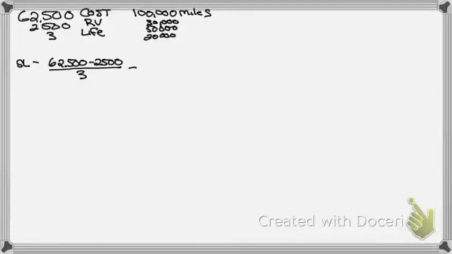That is going to give us 60,000 divided by 3. Depreciation expense is going to be 20,000. And I'll just write expense here so you guys know which one we're dealing with.